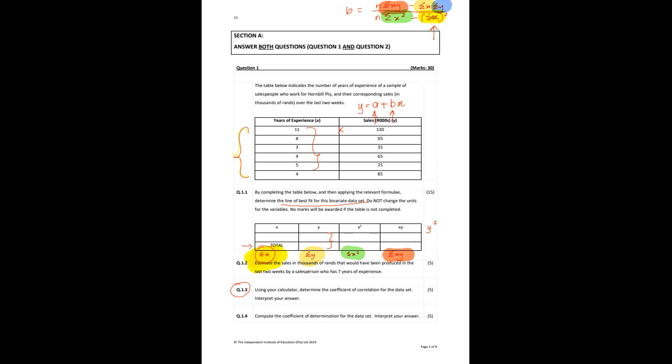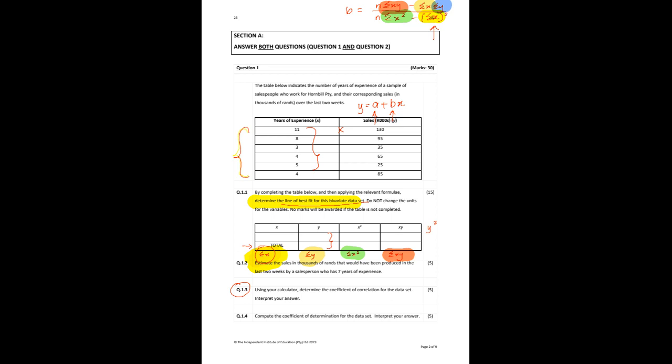Yes, you will, because I'm assuming you mean the calculation of it. So it is part of question 1 because they did ask you to determine the line of best fit. So they said by completing the table, you then would determine the line of best fit.